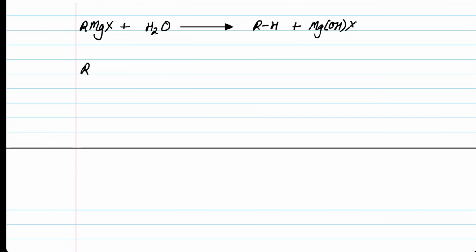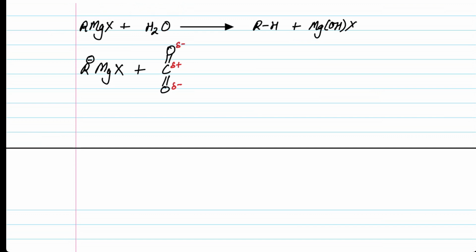Now let us consider the reaction of Grignard reagent with carbon dioxide, CO2. How will the Grignard reagent behave with carbon dioxide? Here we have a negative charge, and in carbon dioxide the oxygen has a delta negative charge, the carbon has a delta positive charge, and again the oxygen has a delta negative charge.